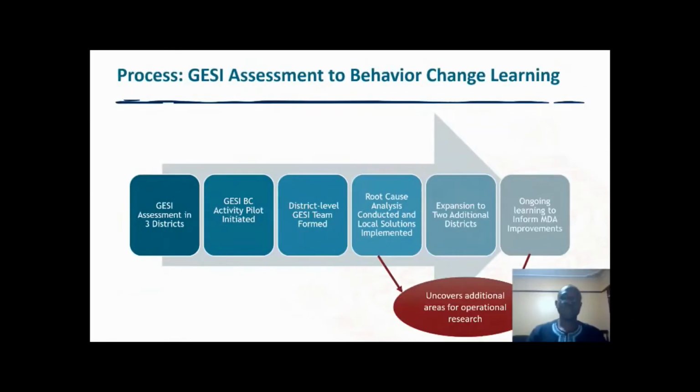Since then, the results of this analysis have been used to improve NTD programming in the country, including informing the NTD sustainability plan, but also sensitizing a cadre of GESI trainers that are now coordinating GESI integration in the NTD response in the country.